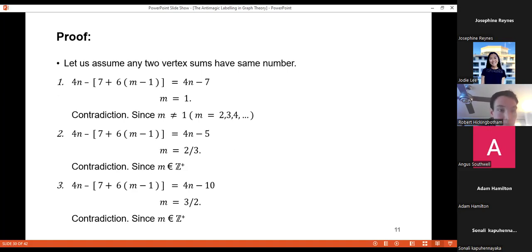Just thinking in terms of generalizing it, if we assume one graph has an anti-magic labeling, then adding a dominant vertex gives another graph with anti-magic labeling, or at least are you aware of techniques that might be used to show those types of results?